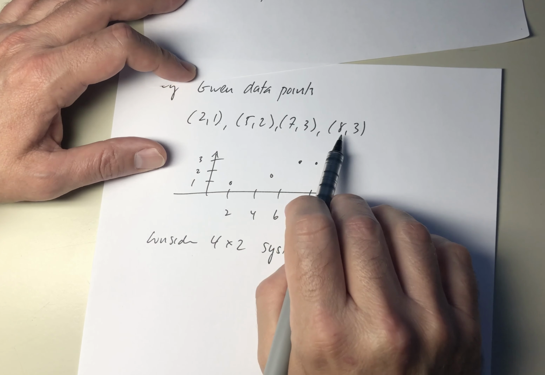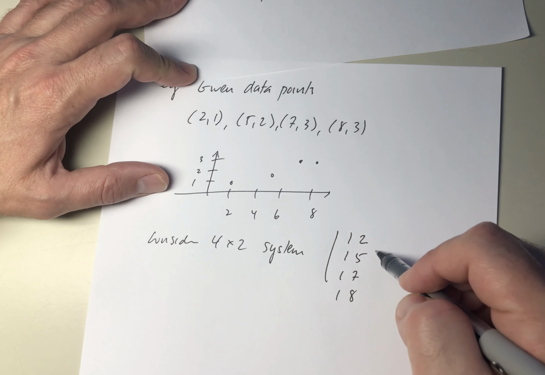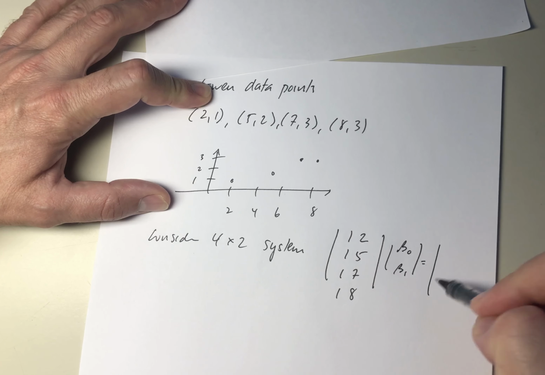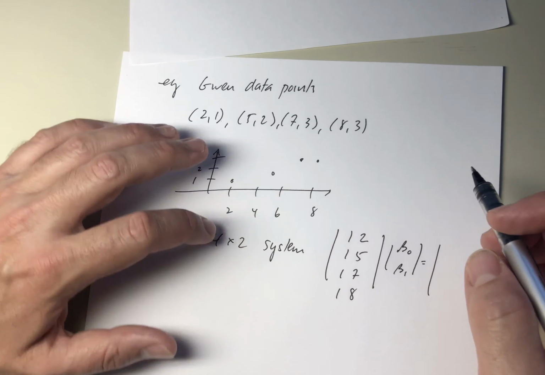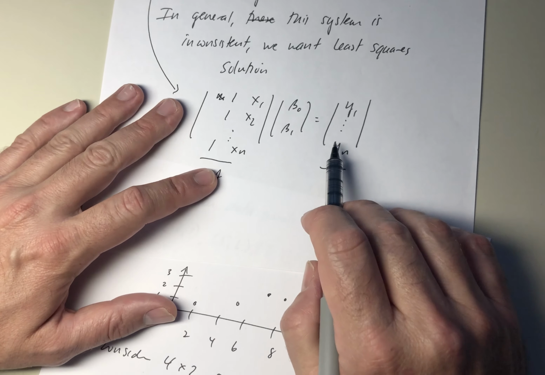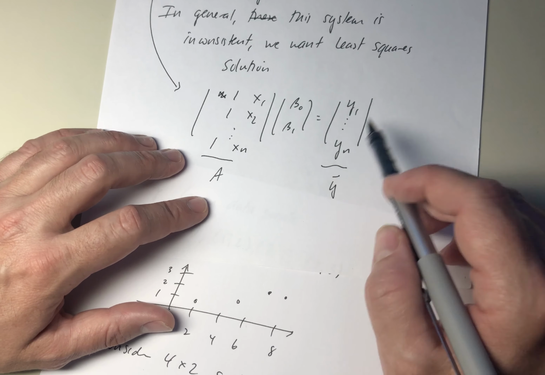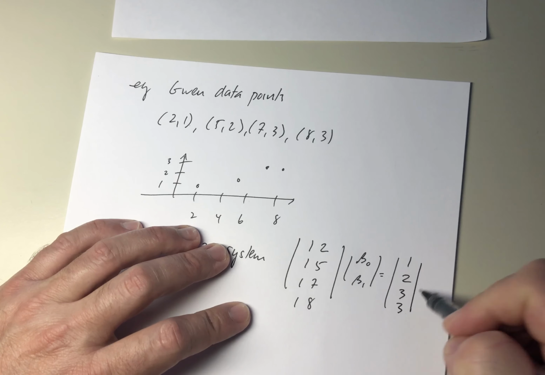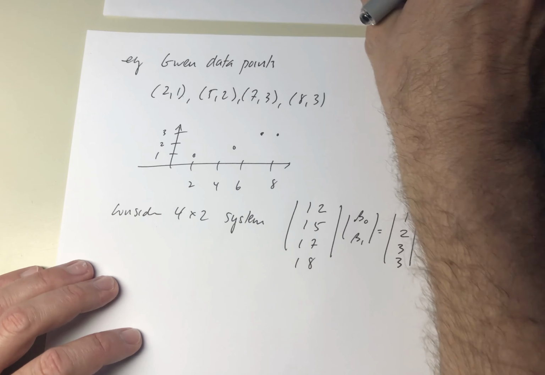These are the x coordinates of the data points, times the vector b naught, b1, equals the right-hand side, which are the y values of the given points: 1, 2, 3, 3. Okay, so this is the system I'm interested in.